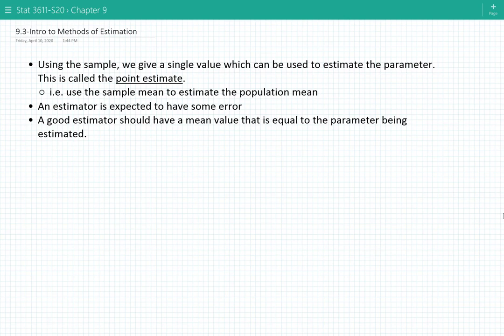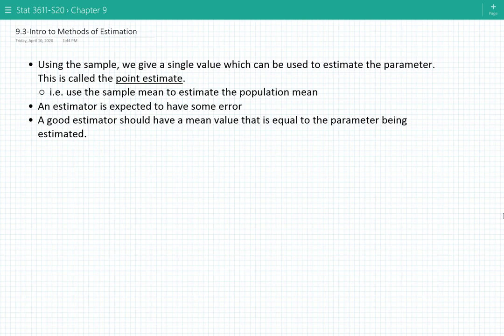So what's going to make an estimator a good estimator, right? We know that there is statistics like x bar, which is the sample mean, but what about the sample median, right? Or what about the sample mode? Why not use the sample median to estimate the population mean? Or why not use the sample mode to estimate the population mean?